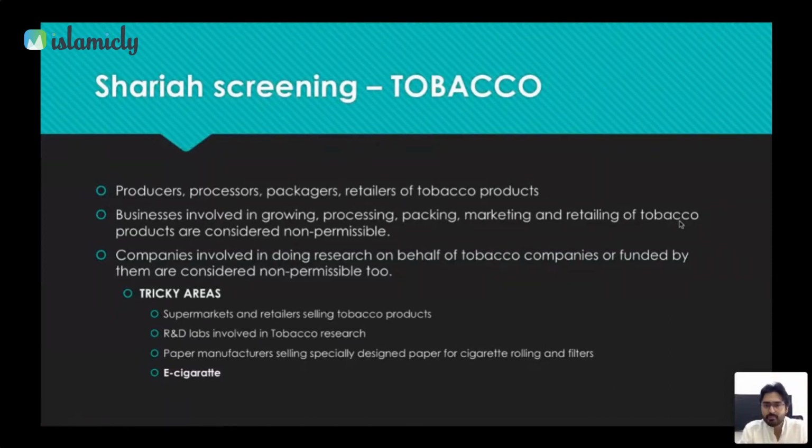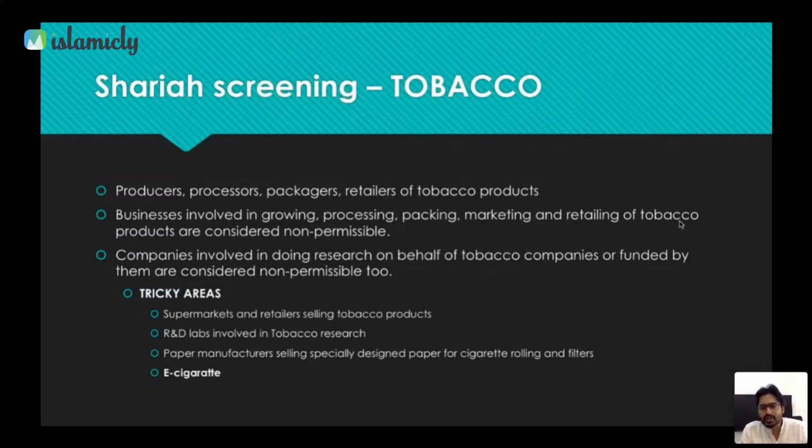So producers, processors, packagers, retailers of tobacco products are considered non-permissible. So businesses involved in growing, processing, packing, marketing, and retailing of tobacco products are considered non-permissible. Additionally, this is another thing that the Shariah Committee has considered to be non-permissible, and we had a detailed discussion about it with the Shariah scholars, which is companies involved in doing research on behalf of tobacco manufacturers or funded by them are considered non-permissible.